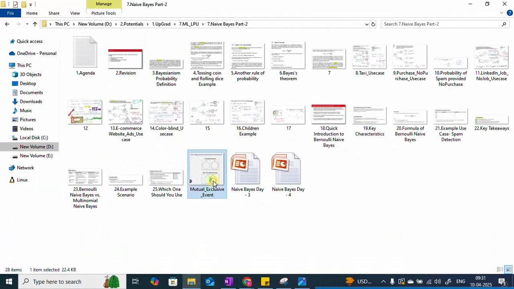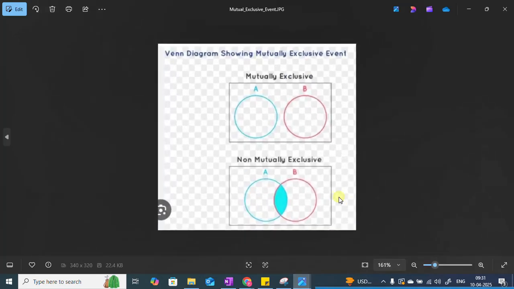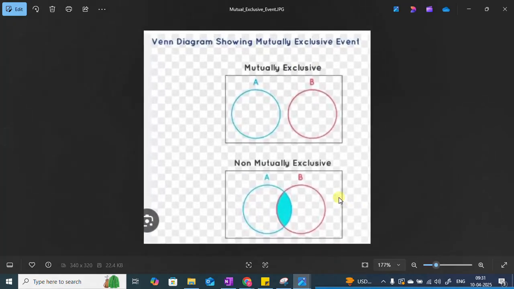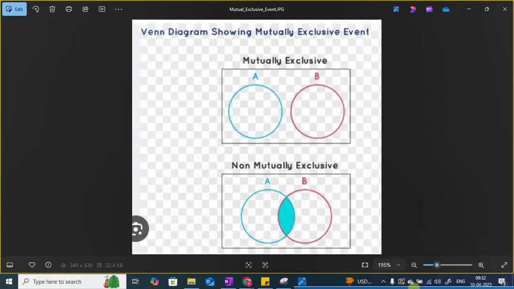I hope you are able to see this diagram. Mutual exclusive. Clear? You can see both are independent of each other. So this is called mutual exclusive.